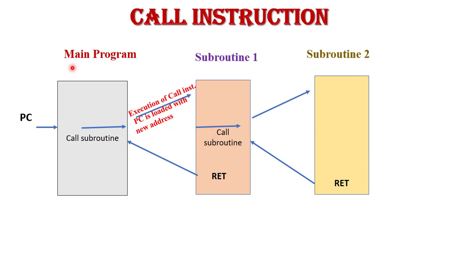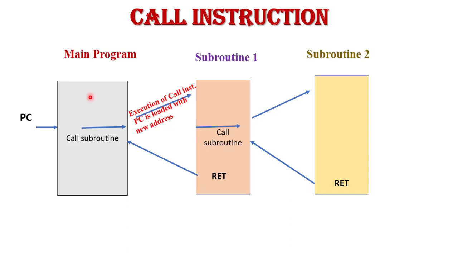What is the main program? Suppose I want to arrange numbers in ascending order. So the main task is to arrange the numbers in ascending order, and for that we use a set of instructions called the main program.